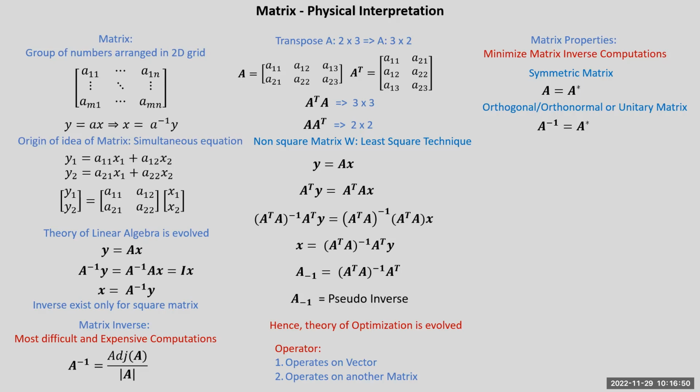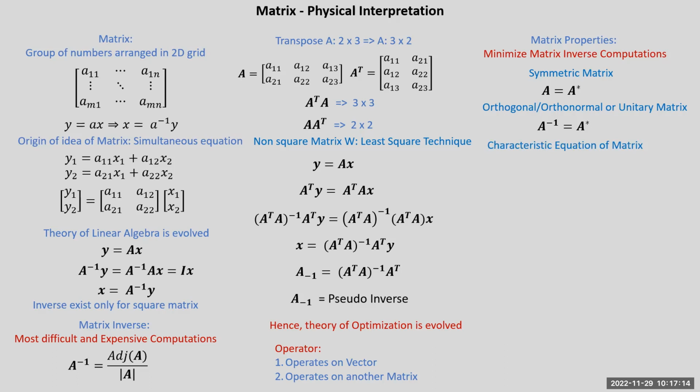Otherwise, there is no difference. Now, the third one is the unitary matrix. It is also an orthogonal matrix, but the concept is extended to a matrix with complex numbers. Otherwise, there is no difference in these three definitions of orthogonal, orthonormal, or unitary matrix.